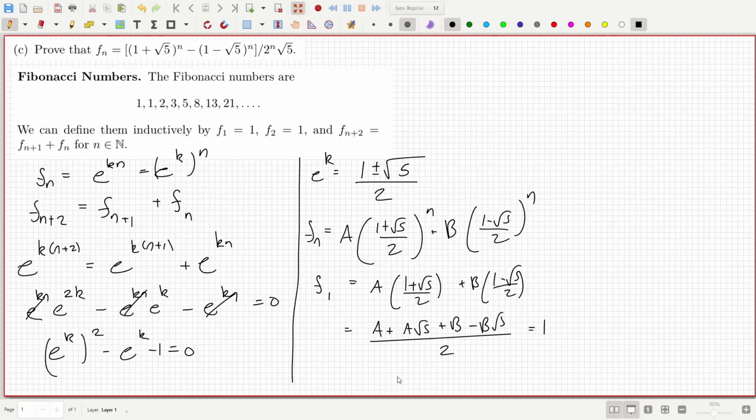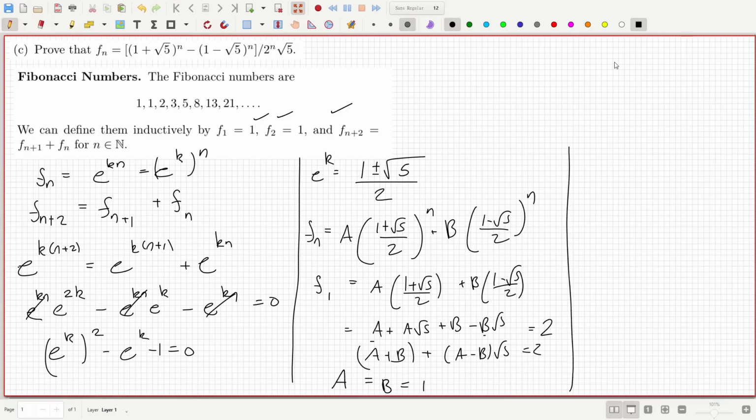Or we could say that should equal 2. So A plus B plus A minus B root 5 equals 2. You can sub in the other values to check, but it's looking to me like A should equal B should equal 1, because that would match up nicely.